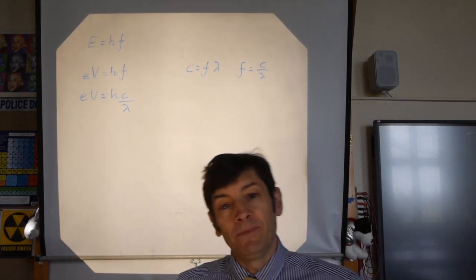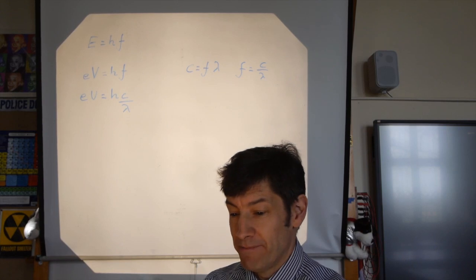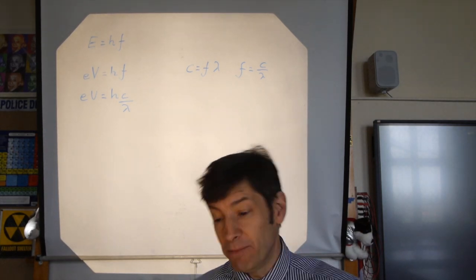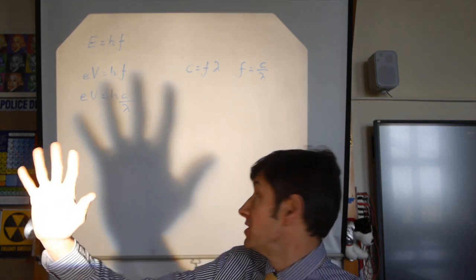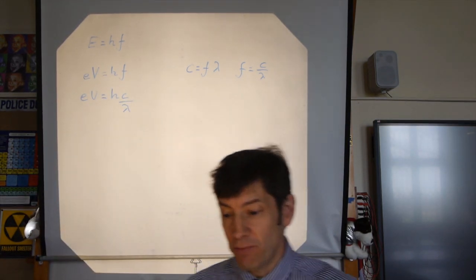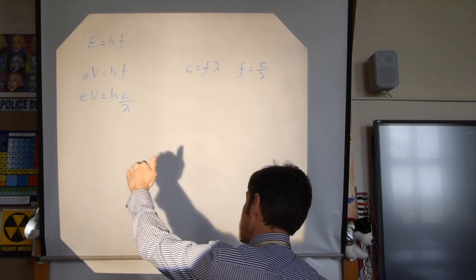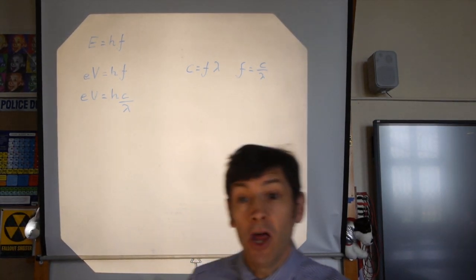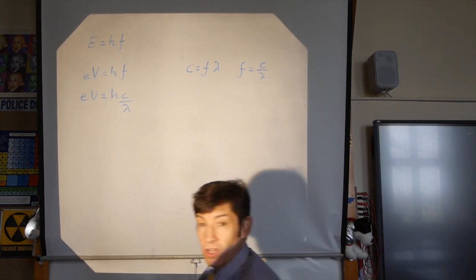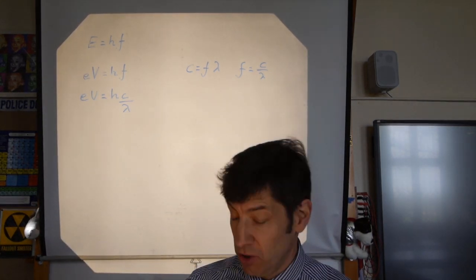But of course, you'll be doing some other work, perhaps later on this term, not with me, but with your other teacher, which will show you light passing through slits. And you might remember that if you shine light through slits, you get an interference pattern. And that interference pattern, where the bright and dark fringes are, depends on the wavelength you're looking at.